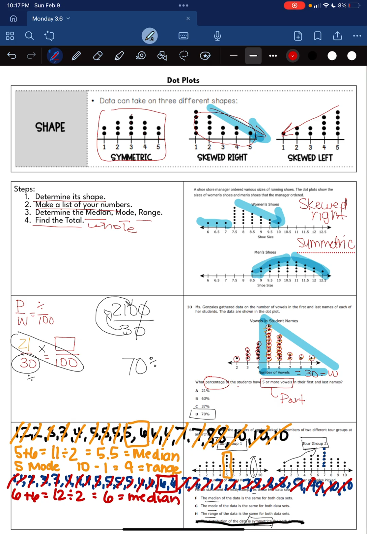My mode is the one with the most dots, and that's going to be 7. And my range is my largest number minus my smallest number, which is 10 minus 1 equals 9.